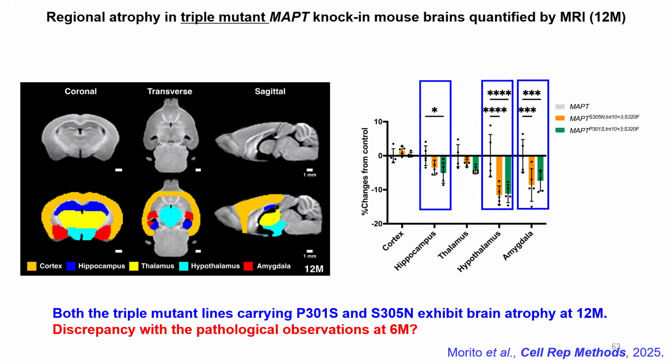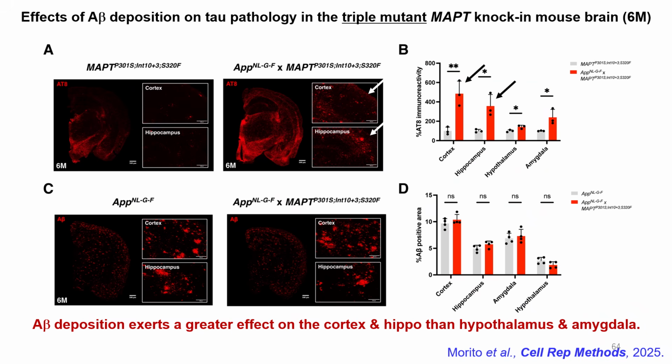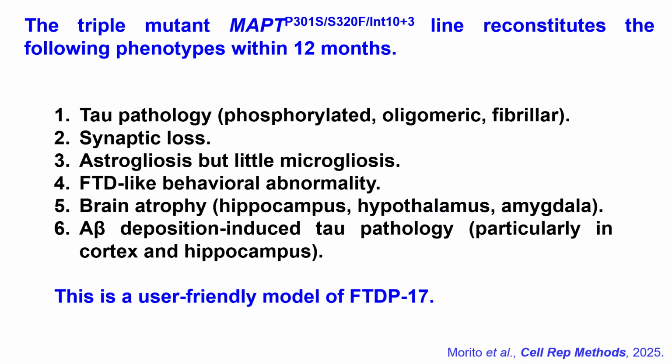This slide illustrates the effect of A-beta deposition on tau pathology of the triple mutant MAPT knock-in mice. Please note that A-beta deposition exerts a greater effect on the cortex and hippocampus than hypothalamus and amygdala. In summary, the triple mutant MAPT line carrying P301S mutation reconstitutes the following phenotypes within 12 months.